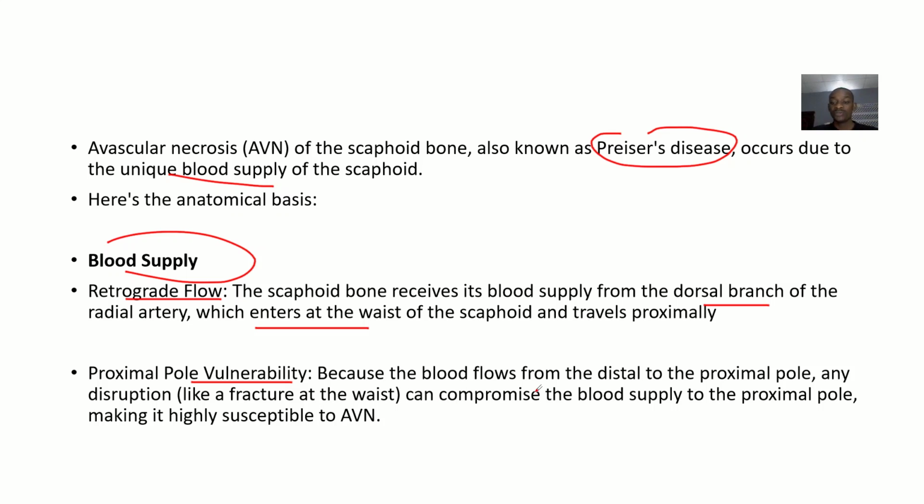We are saying that because the blood supply comes from distal to the proximal pole, any disruption, like a fracture at the waist, can compromise the blood supply to the proximal pole, making it more susceptible to avascular necrosis, which is what they call AVN. Any injury at the waist, where the blood supply is passing, matters, and the waist of the scaphoid is easily fractured. So because the blood supply is passing at the waist of the scaphoid, it can now be affected.